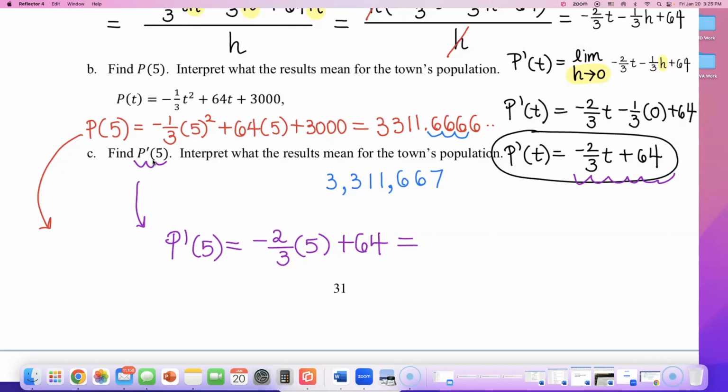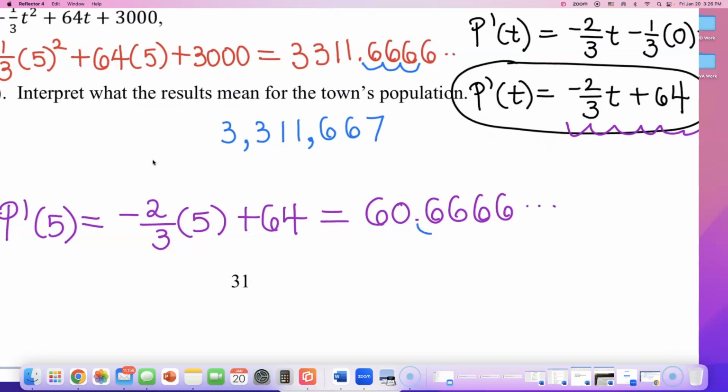Okay, I got 60.6666 dot dot dot, so many sixes, but also this is in thousands of people, remember, so I will multiply by 1,000, move the decimal place 3 to the right because 1,000 has 3 zeros. 1, 2, 3.